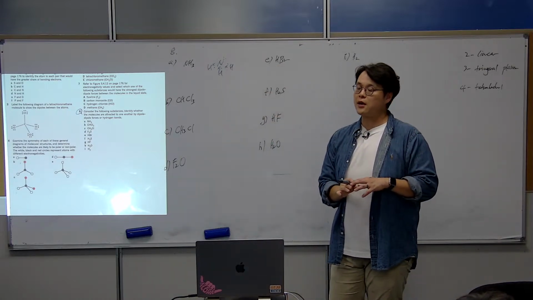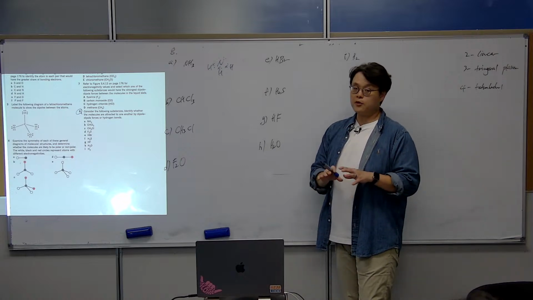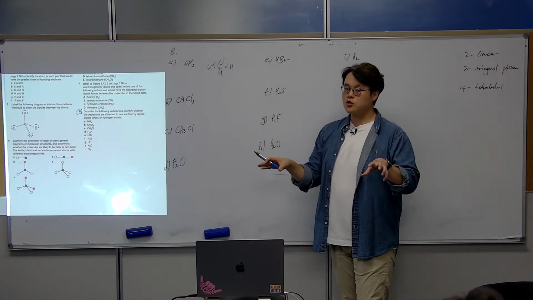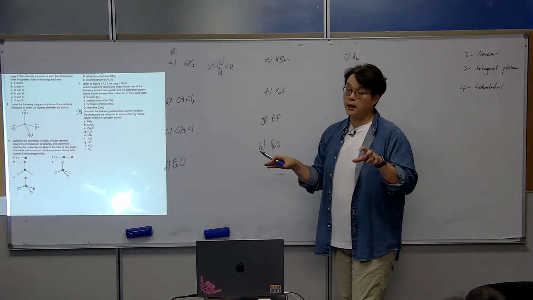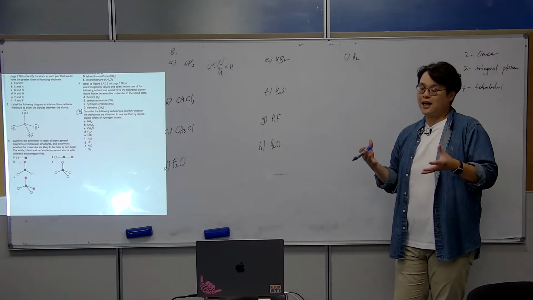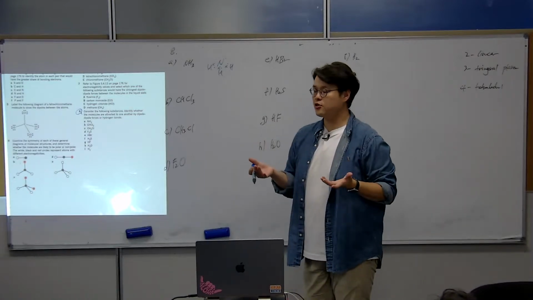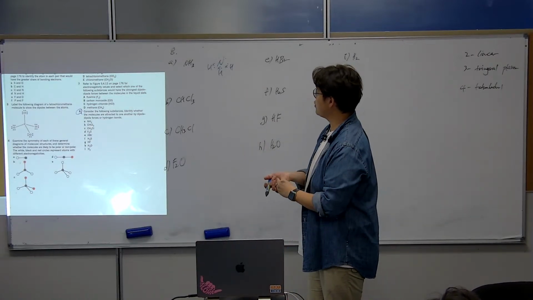Lines is a Lewis structure, not a Lewis dot structure. You have to differentiate the Lewis structure from the Lewis dot structure. If I ask you to draw the Lewis dot and you show me the Lewis structure in lines, you will lose a mark. And there'll be only one mark, so it's quite a sad way to lose.